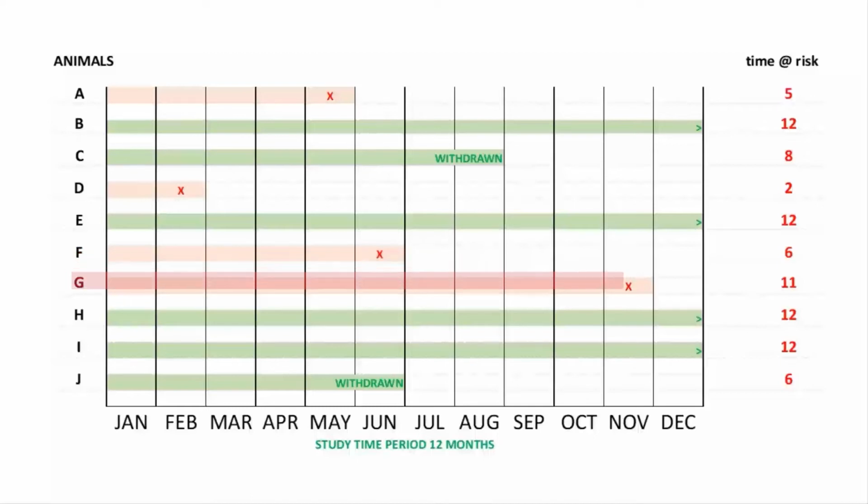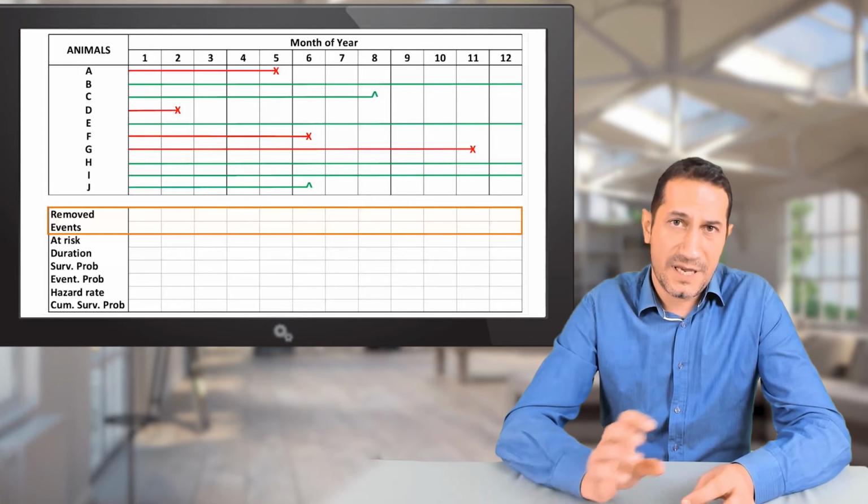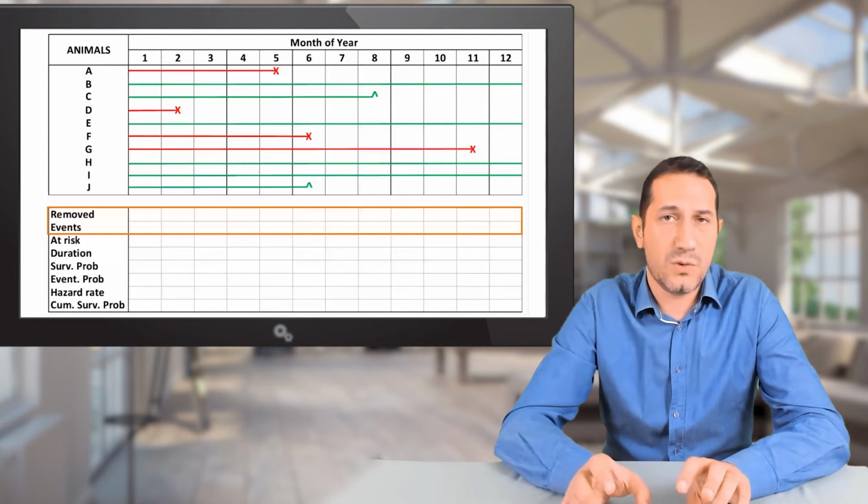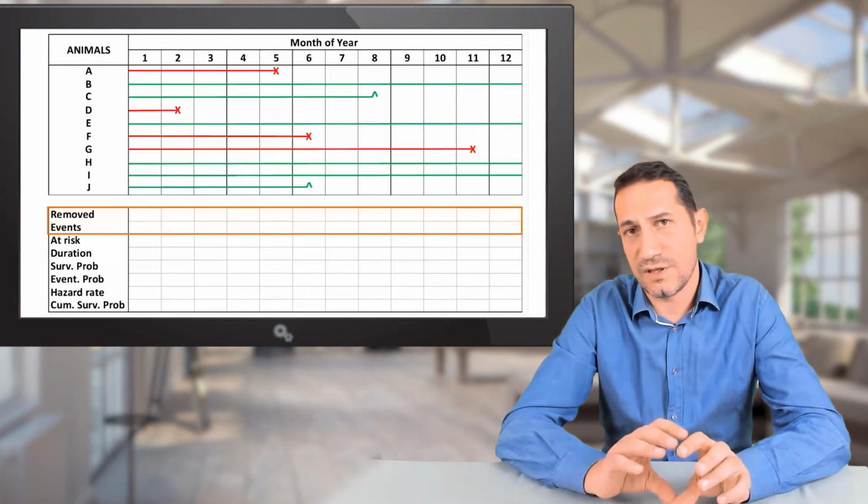Animal F and G had the disease in the 6th and the 11th month respectively and died, and then animals H and I survived through the whole period of study, while animal J was removed from the flock at the 6th month. Now, to trace the timing and the animals and what's happening, we construct a table which is below this graphic of the timing.